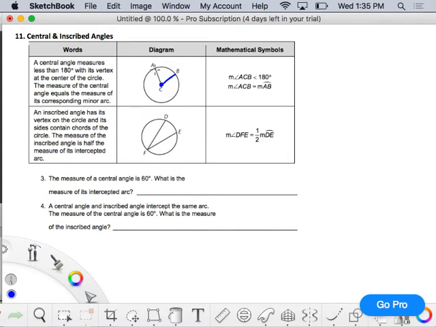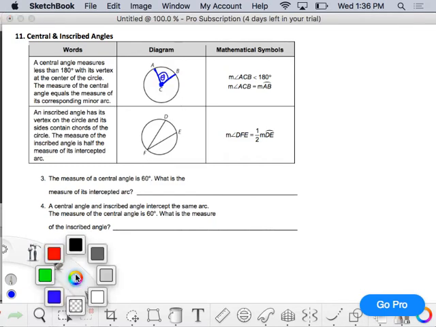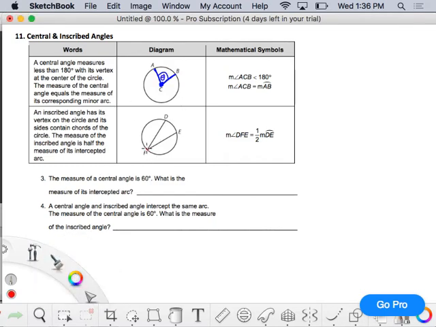You guys got to pay attention now. This is the angle, theta. An inscribed angle has its vertex on the circumference of the circle. That's the angle. Both of these angles intercept what's called an arc.